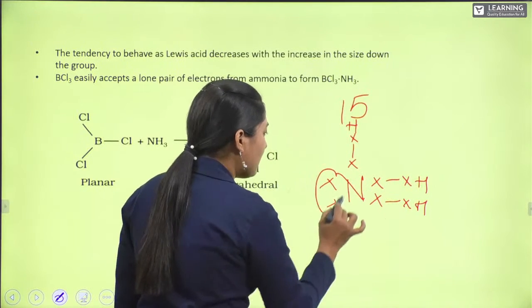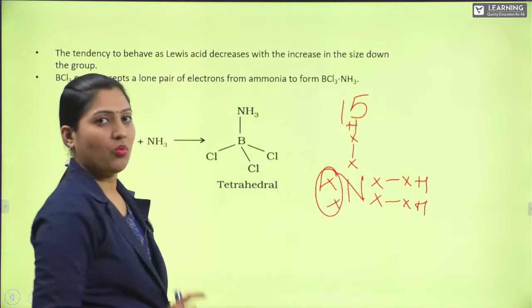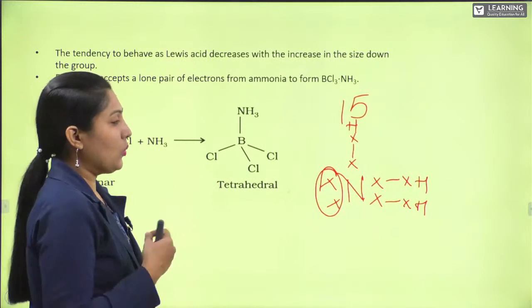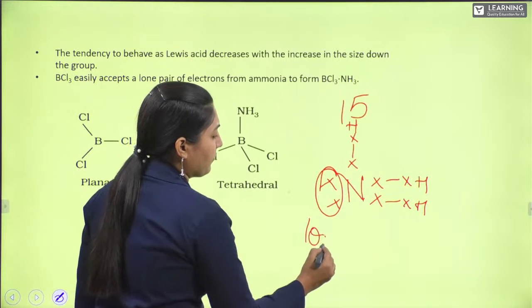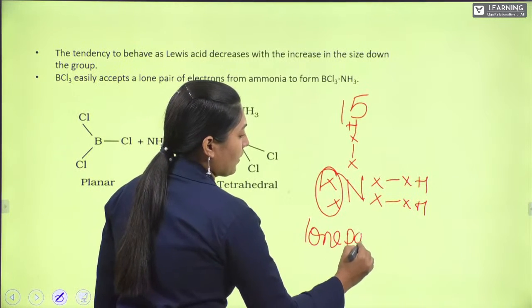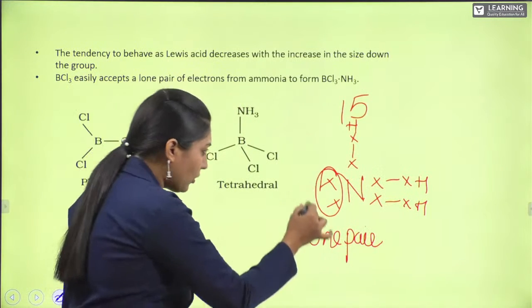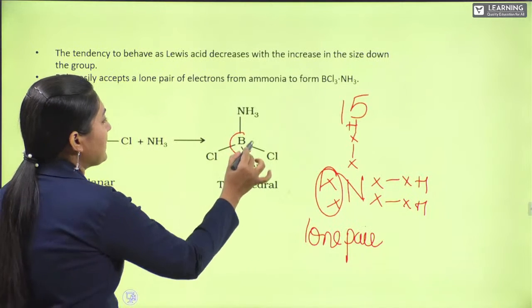And these 2 electrons are left here. We call the 2 electrons which are present in the valence orbital without undergoing any bonding a lone pair. These 3 are bond pairs, right? This lone pair is now attracted by whom? This BCl3.